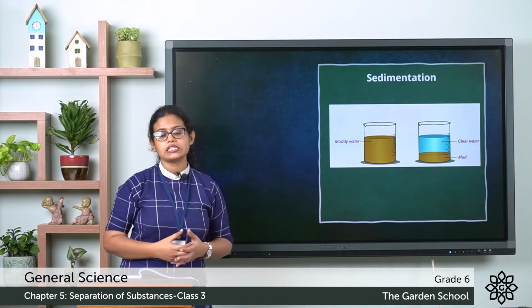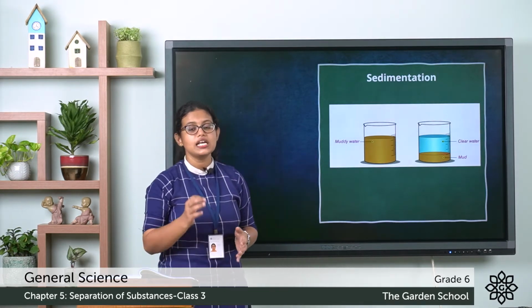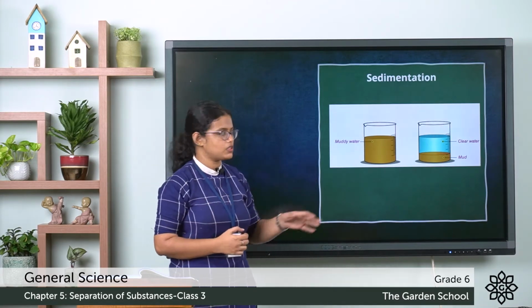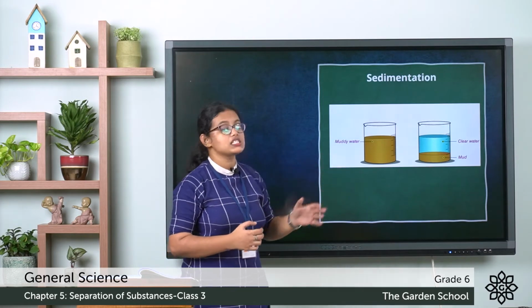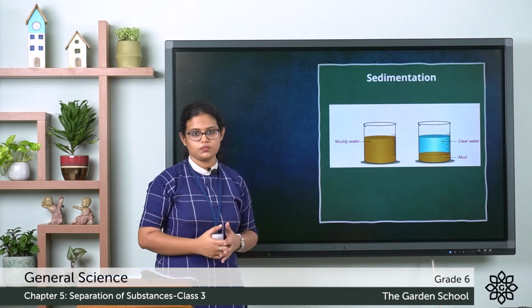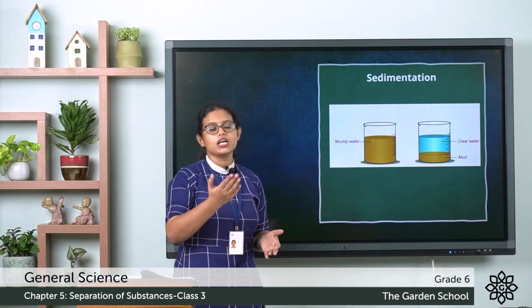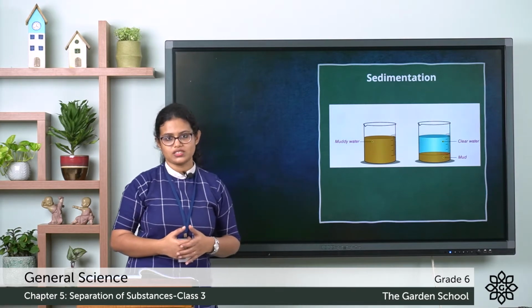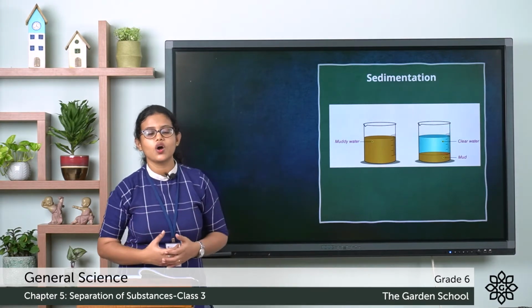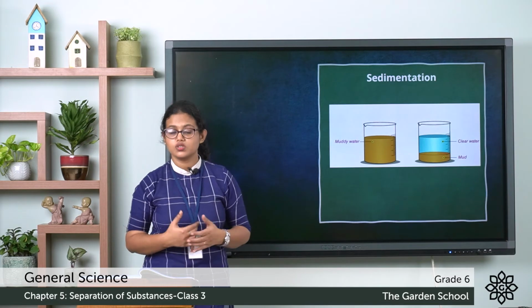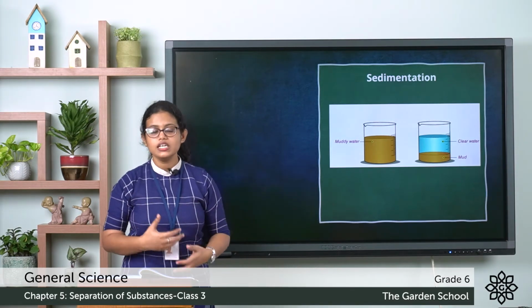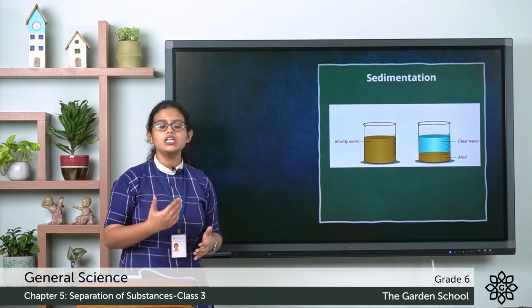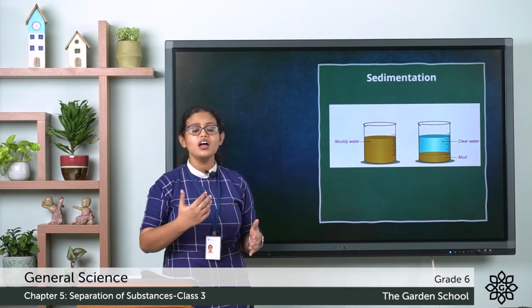That is called the sediment. Here, mud is the sediment that gets settled down at the bottom, and you can see the clear water on top. That process we call sedimentation. Sedimentation is the separation of undissolved particles from a liquid.